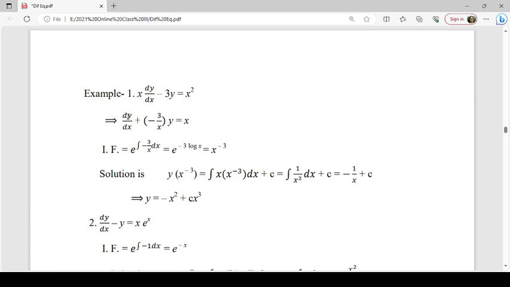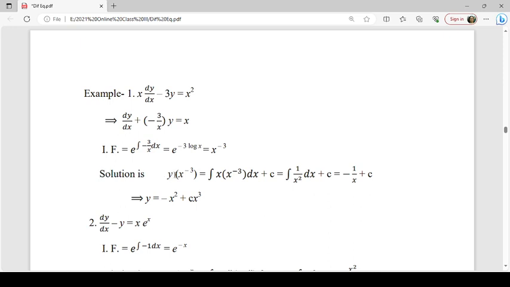Now we see dy/dx, so our p is the coefficient of y, minus 3 by x, so our integrating factor is e to the power integration of minus 3 by x dx. Then integration of 1 by x is log x, and minus 3 is the coefficient, so it is e to the power minus 3 log x, and e to the power minus 3 log x means x to the power minus 3.